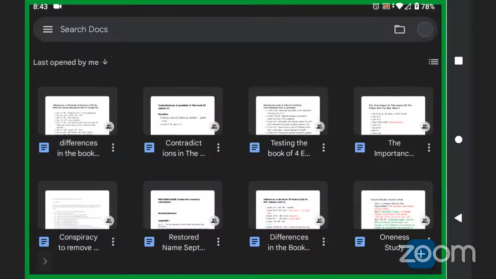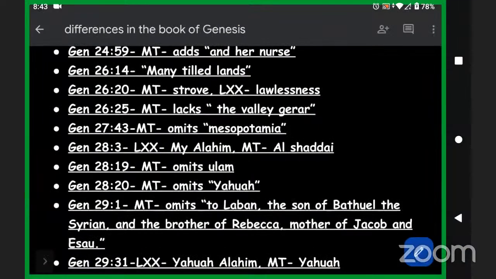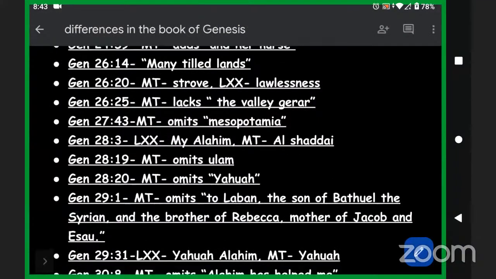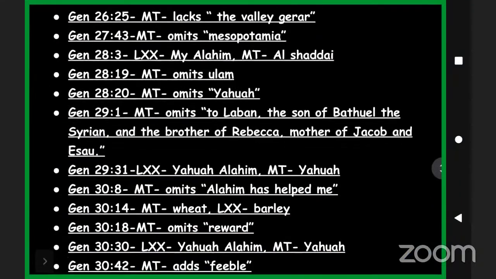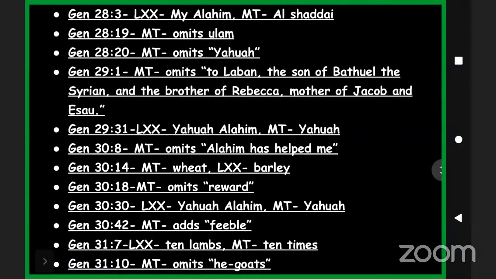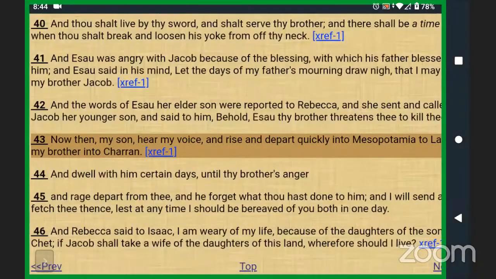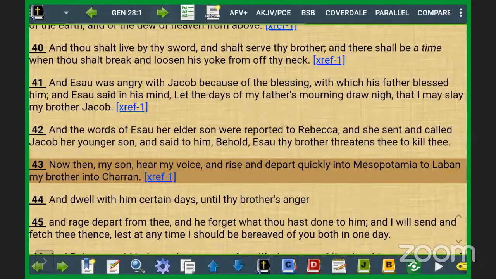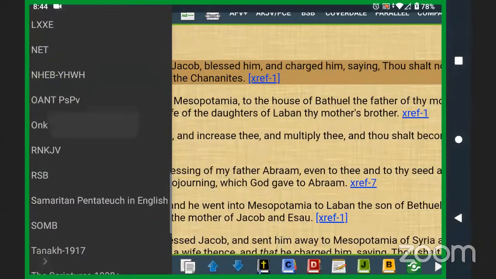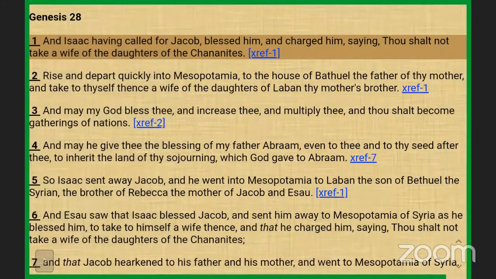All right, so let's just see here. Okay, so Genesis 28 verse 3, the LXX has my Elohim, in the Greek would be ho Theos, versus the Hebrew El Shaddai. A lot of times where it says El Shaddai in the Hebrew, you really don't see that equated in the Septuagint. Usually wherever you see El Shaddai, you see my Elohim.